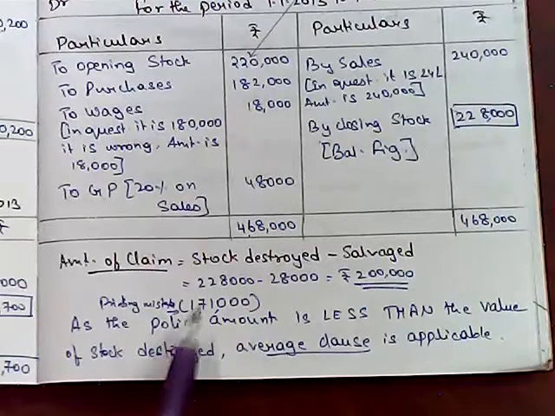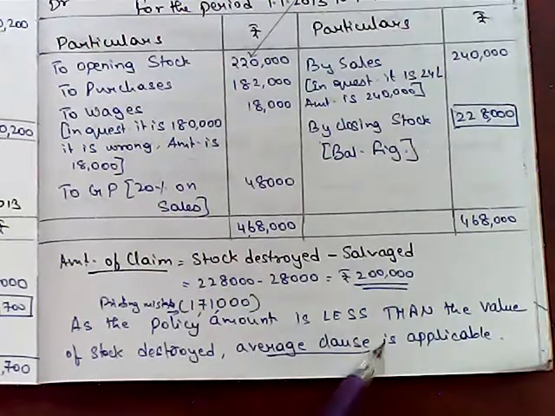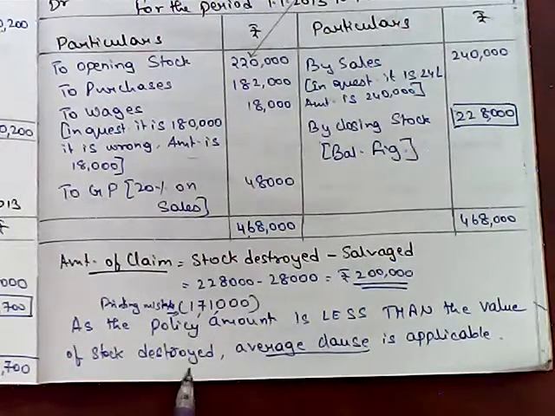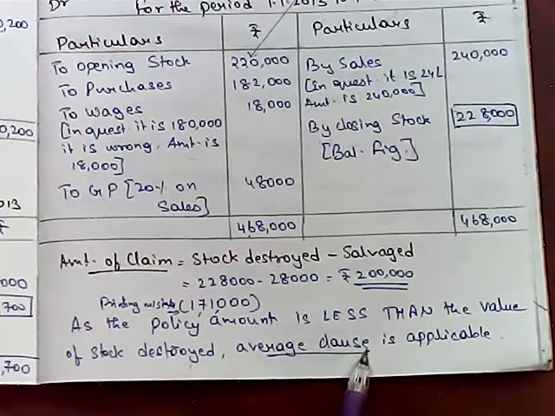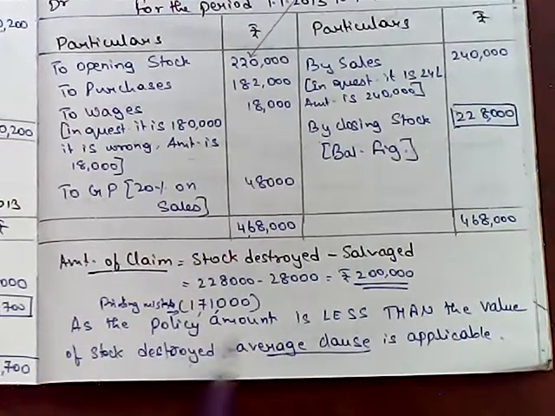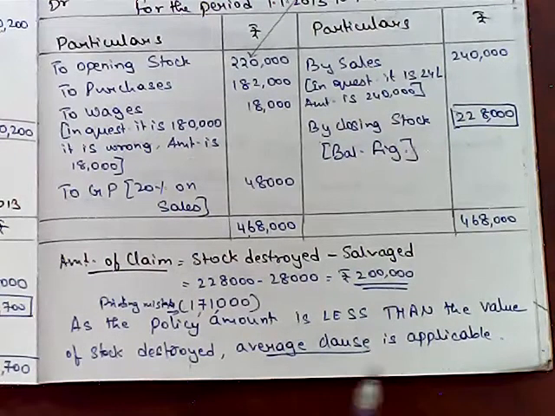Which is 1,71,000. So as the policy amount is less than the value of stock destroyed, the average clause is applicable. This is very important. As the policy amount is less than the value of stock destroyed, the average clause is applicable.